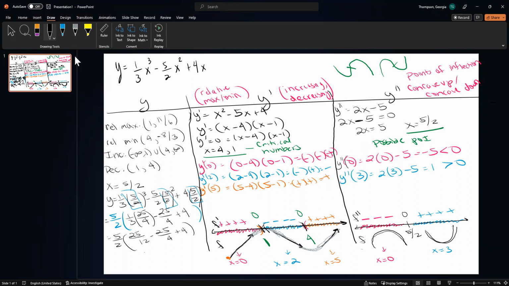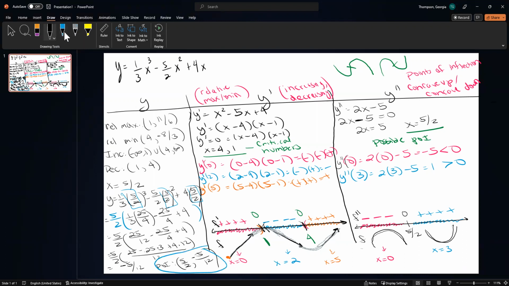If we use 12 as the common denominator, we're going to get 25 minus 25 times 3 plus 4 times 12, over 12, which will give us negative 5 over 12. So our point of inflection is going to be 5 halves and negative 5 over 12.